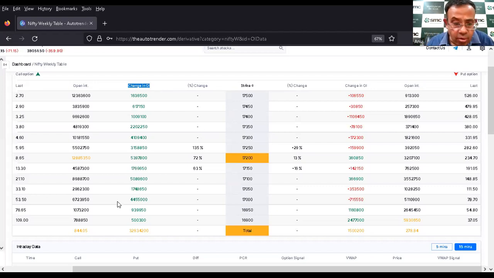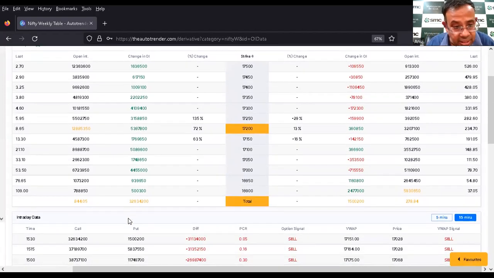So throughout the day, we are analyzing this fact only. Just look at that, it is a 330 figure. Throughout the day, we are analyzing this. If call writers are active more than the put writers, as you can see over here on a cumulative basis, it is 3 crores 26 lakhs 34,200.